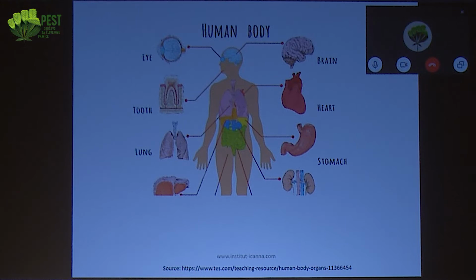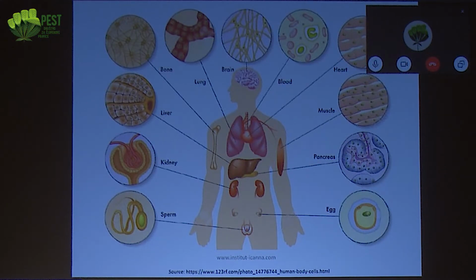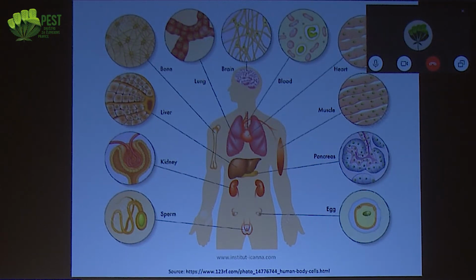But when we look at all of these organs under a microscope, we see an array of very different cells. A bone cell looks drastically different from a pancreas cell, or a brain cell from a kidney cell.